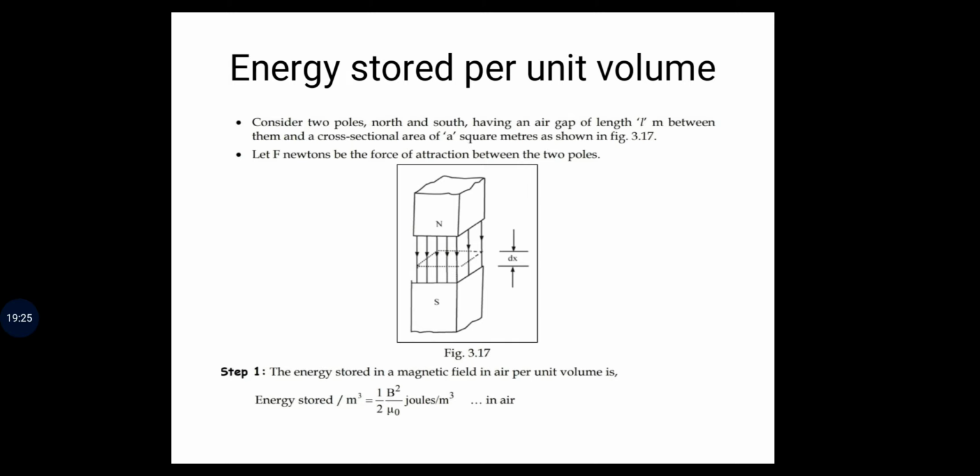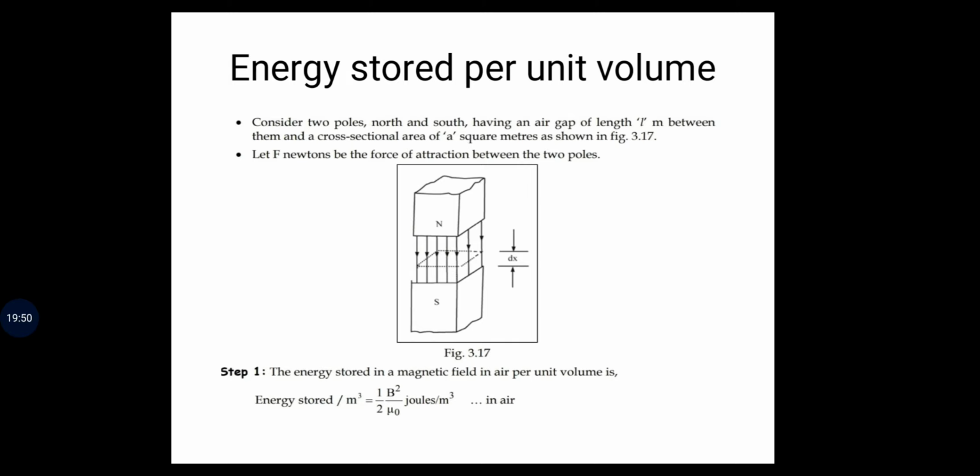Here we consider two poles, north pole and south pole, having an air gap of length l meters between them and a cross sectional area of A square meters.